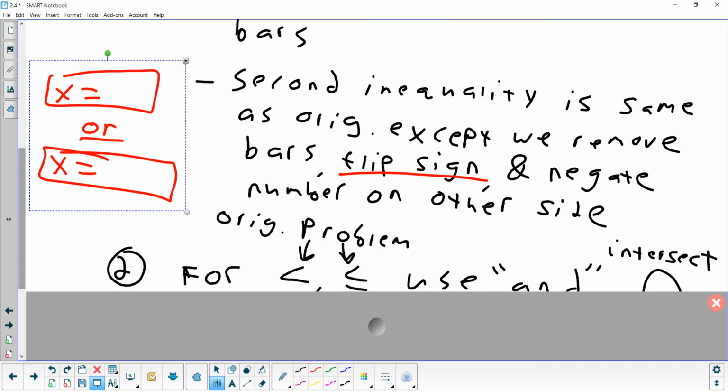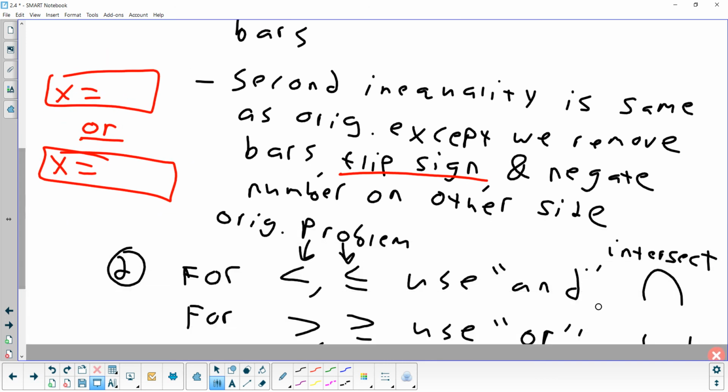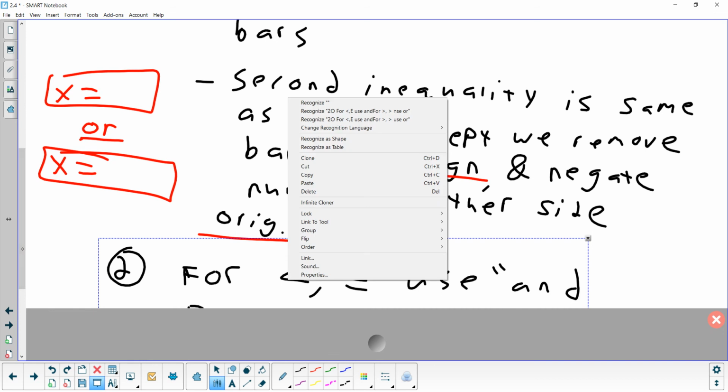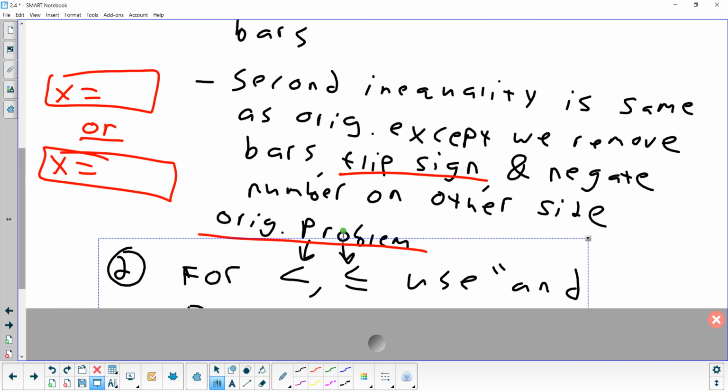And the way we can tell which one it's going to be is we have to look back at the original problem. If the original problem has a less than, or less than or equal to, I'm saying it a little weird, but it might help you to remember it, think of that as less than. Less than is an and.